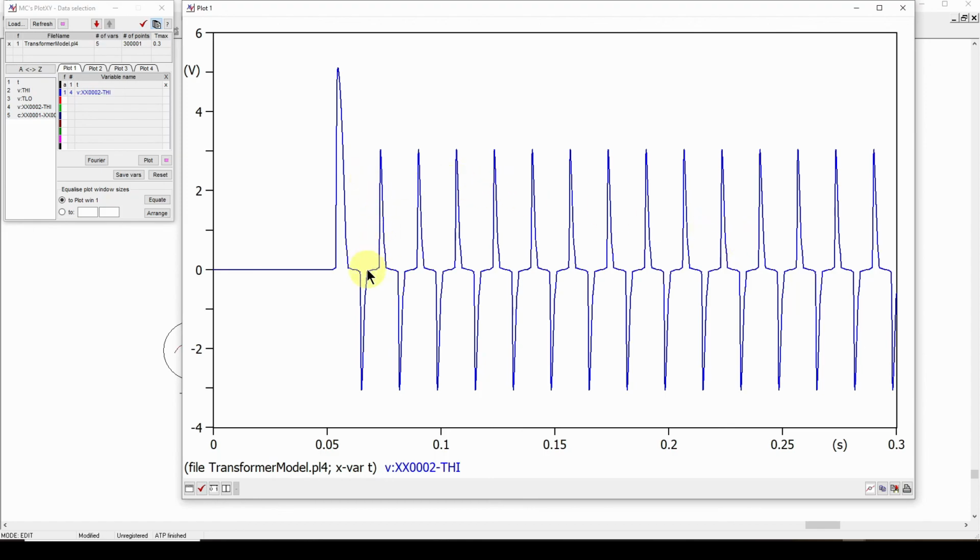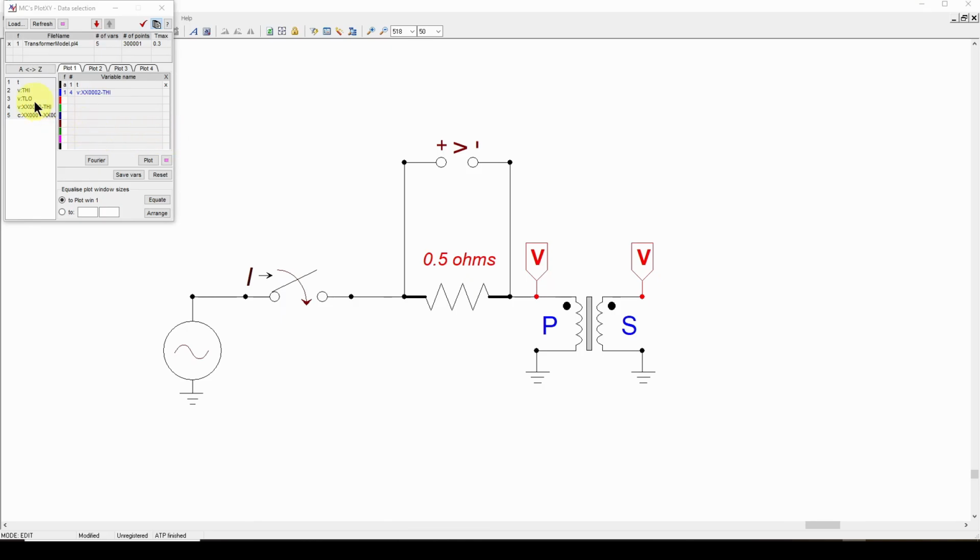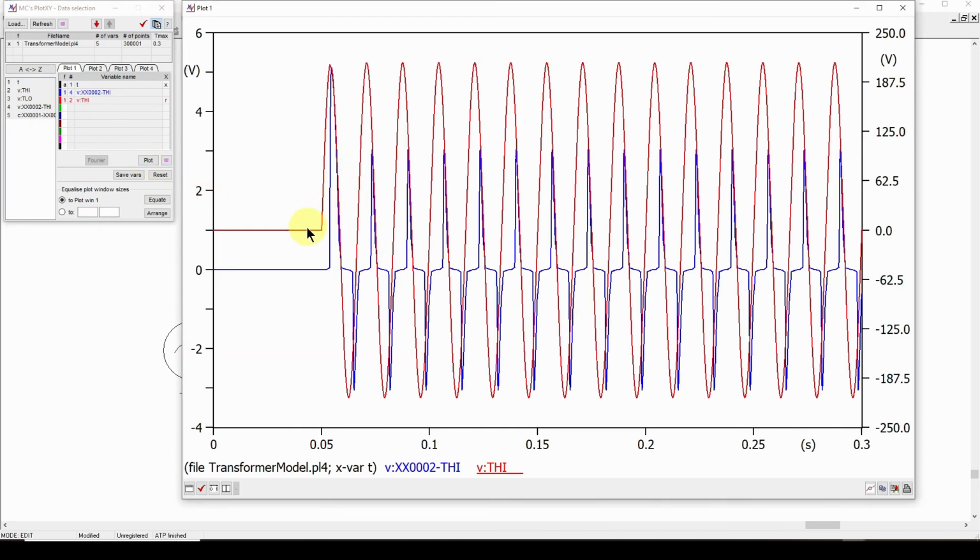Let me also plot the primary voltage. In red or green, I've got the voltage across the winding, and in blue, I've got the current. You can see what happens is the voltage rises and the flux increases, and suddenly you get to a point where the current shoots up drastically.